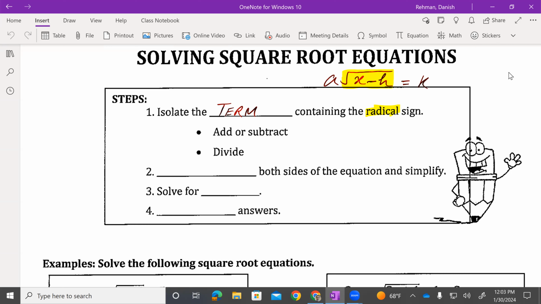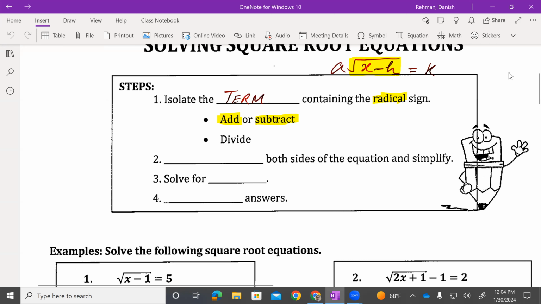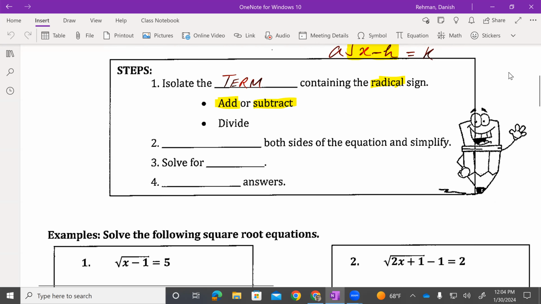Isolation can be done using these operations. You will have to add something or subtract something. Like in question number 2, I will bring it up over here. At the bottom right corner, question number 2 is showing you that a number is subtracted. So you will do the reverse operation. Compared to the subtraction, what will you do? You will add something to it.